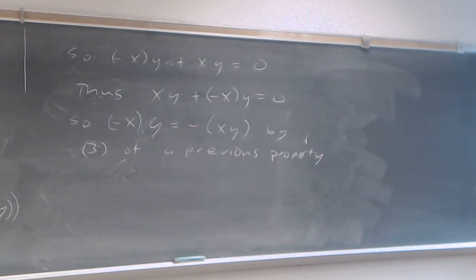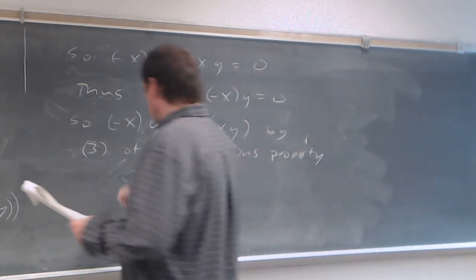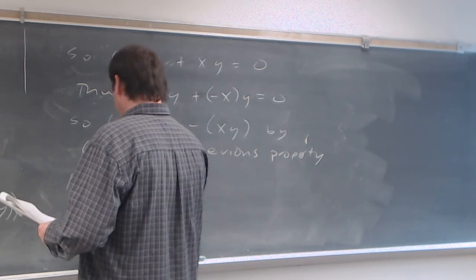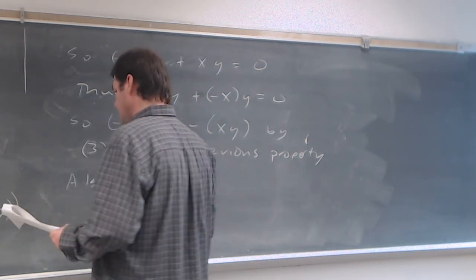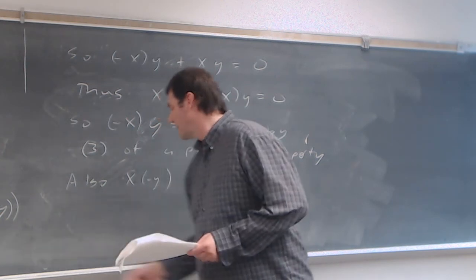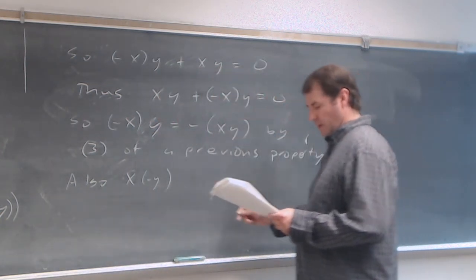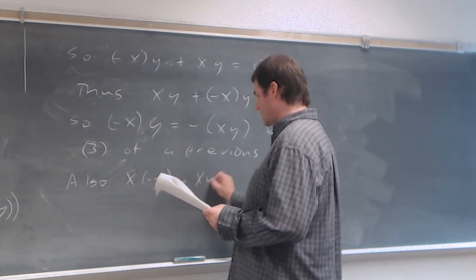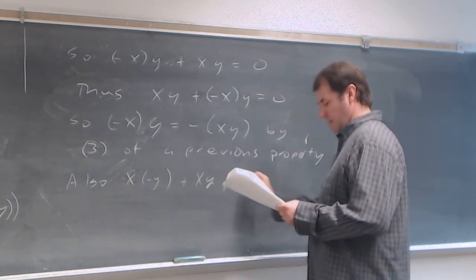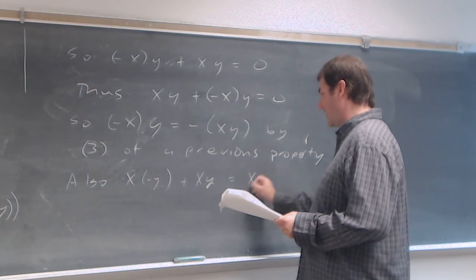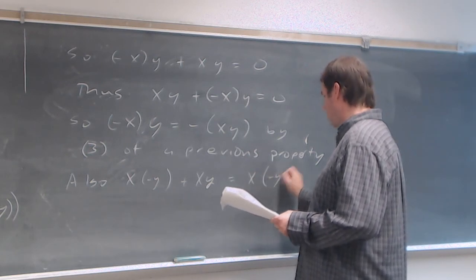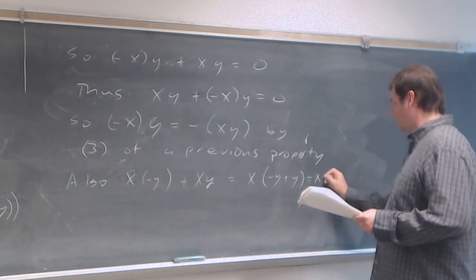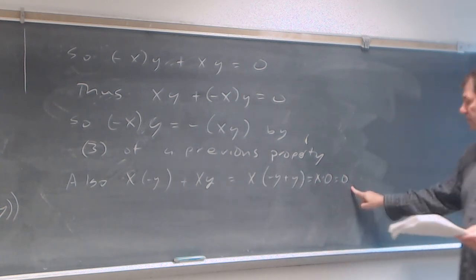All right. Also, to get the second part, x times minus y plus x times y is equal to, I can factor out an x, and we have minus y plus y, which equals x times 0, which equals 0.